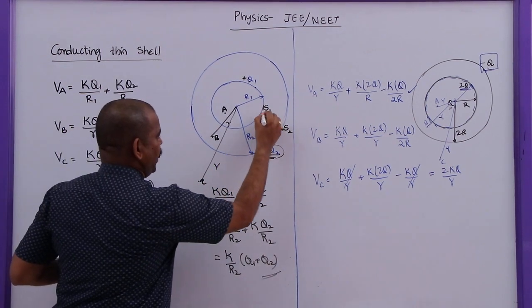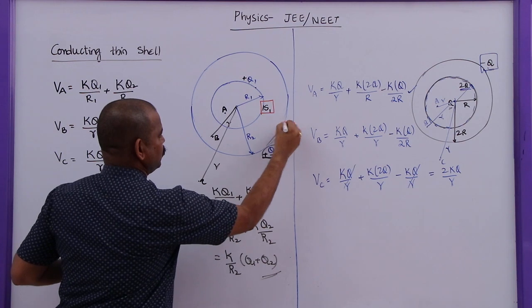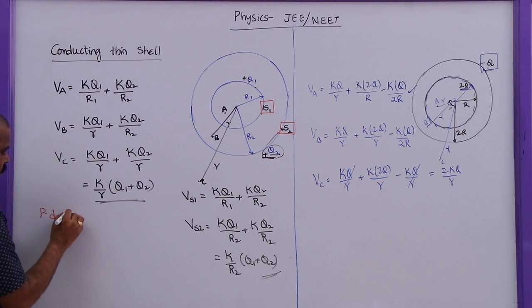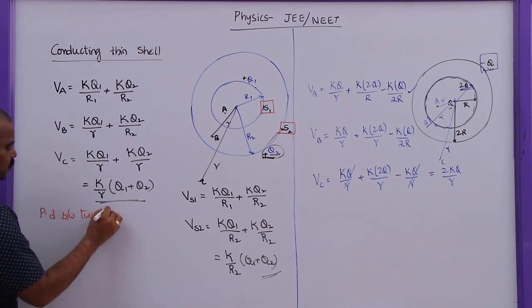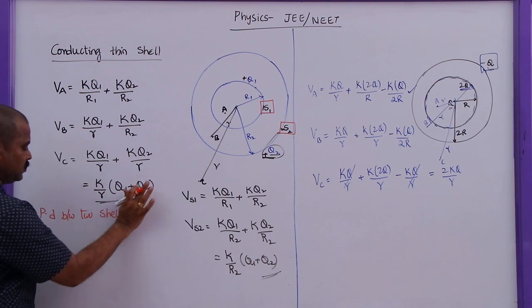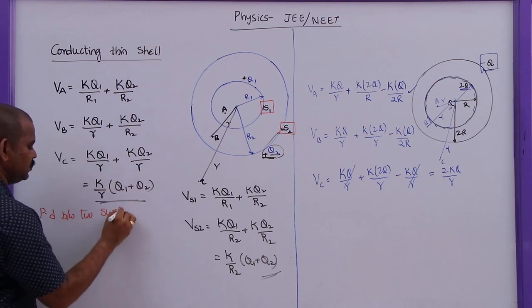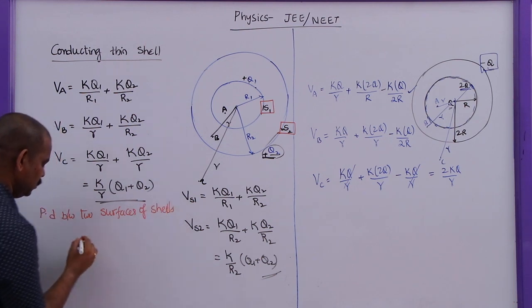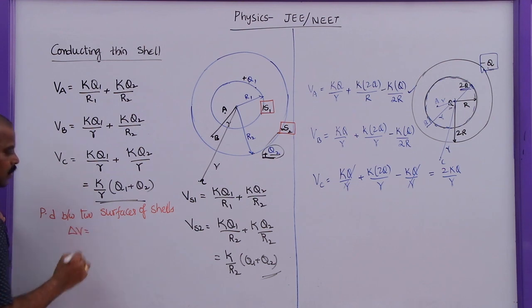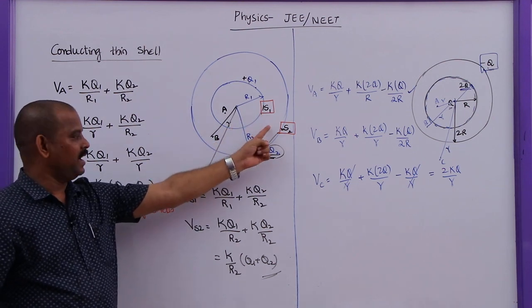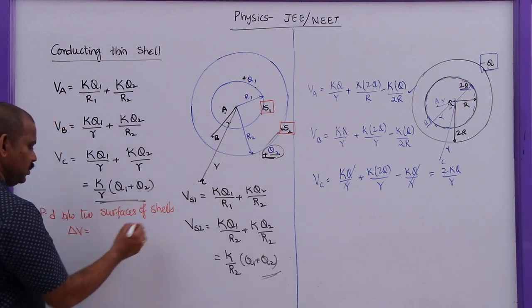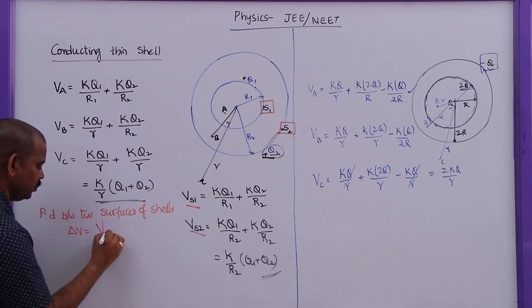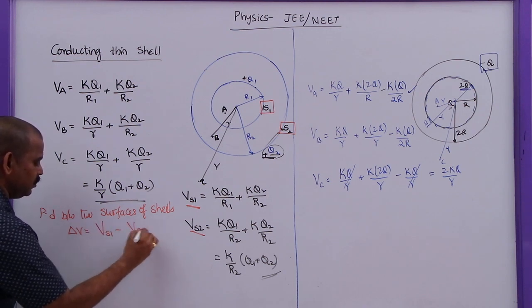Here, if I want to find out the potential difference between these two shells, the PD between the two surfaces of the shells, I am writing delta V. This is the potential on the inner surface minus the potential on the outer surface, which I am going to give as Vs1 minus Vs2.